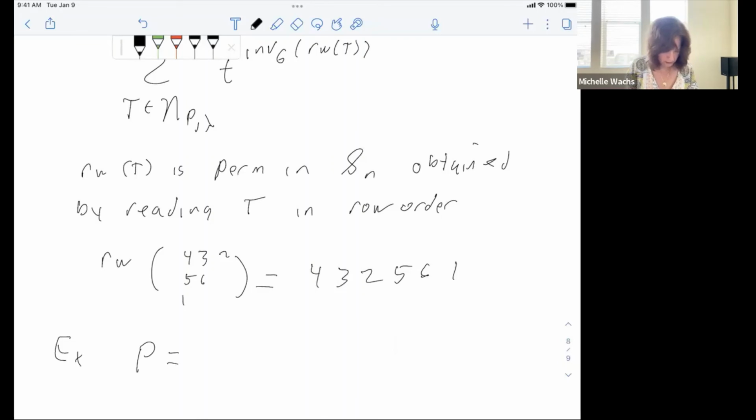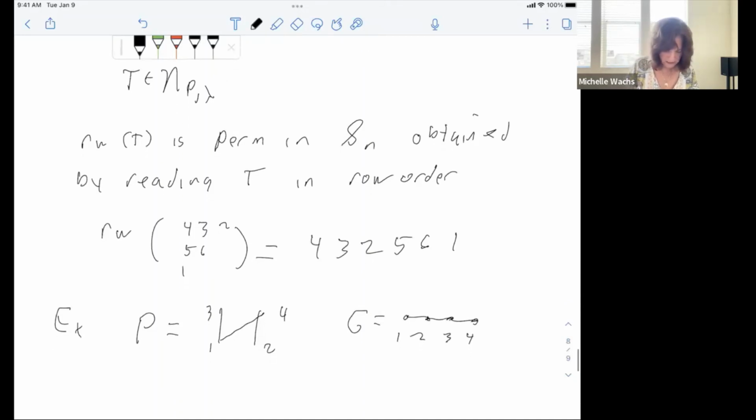P and G. So this is a natural unit interval order, and the incomparability graph of this is just the path. And let's let lambda equal 2, 2.